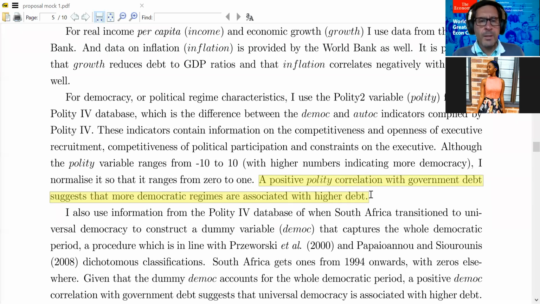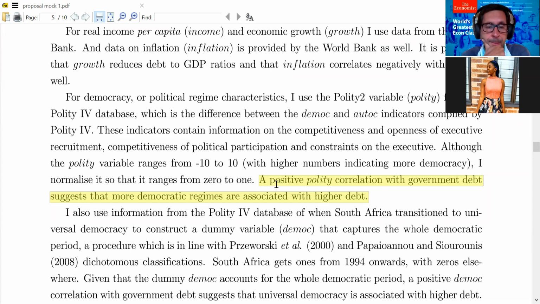And then I write something there. A positive polity correlation with government debt suggests that more democratic regimes are associated with higher debt. So I'm kind of telling the reader that this comes from the literature review that I do above.